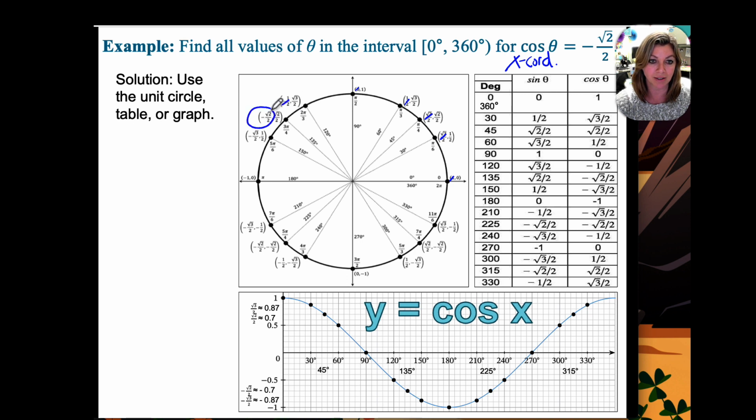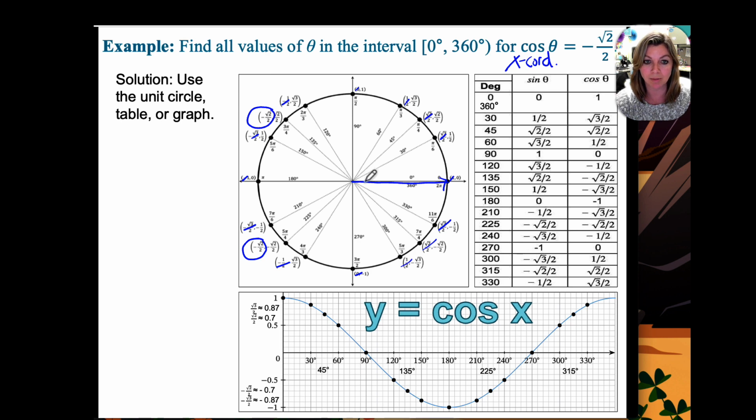There's one right there. Keeping our eyes on the x-coordinates, there's another one. And that's it.